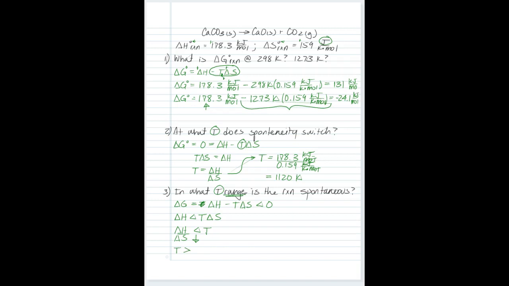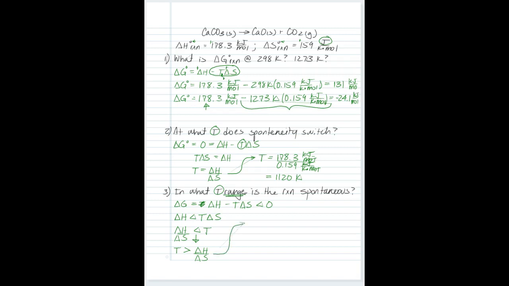So that means the temperature has to be greater than delta H over delta S. And since delta H and delta S are both positive, it makes sense from our initial analysis that the temperature would have to be greater than some positive amount. We need a higher temperature in order for this reaction to be spontaneous. It's not going to be true for every reaction, but for this reaction it is, because we have positive values for delta H and delta S.